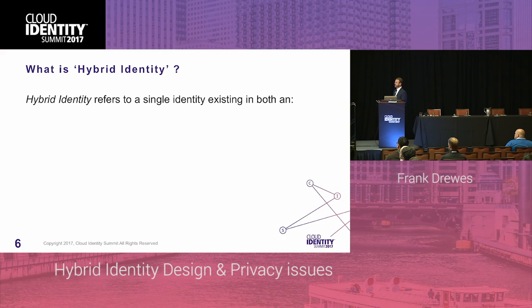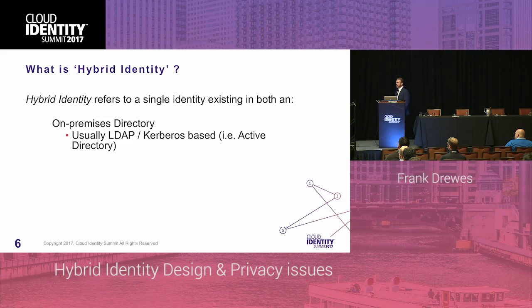So the first thing is to define what hybrid identity is. Any good identity system has the idea of a single identity for people, regardless of where you may exist in different systems and your accounts and logins, that we actually have a central identity that we can point to. And in the hybrid world, we see that as being in two places.